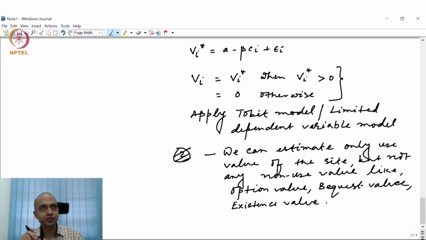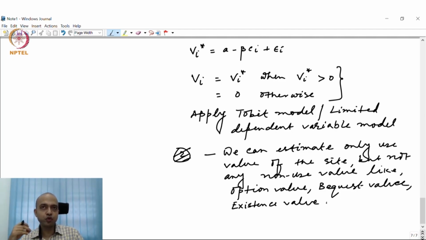This is true for any type of revealed preference approach, like the hedonic pricing we also discussed, where the value of air quality improvement is captured only by those who have a house in that place. So we are capturing only the use value.